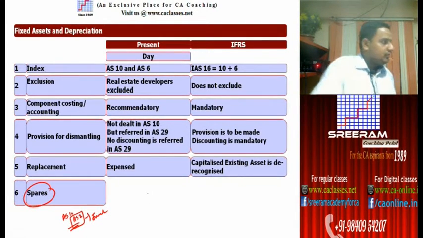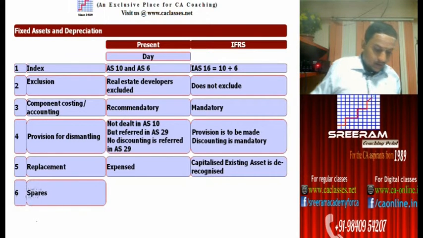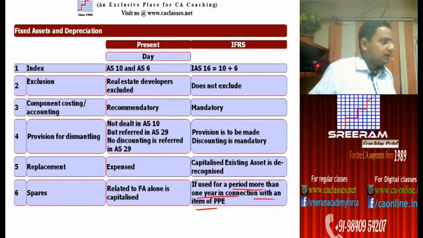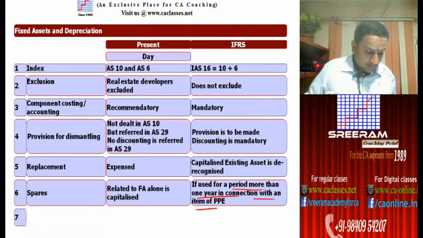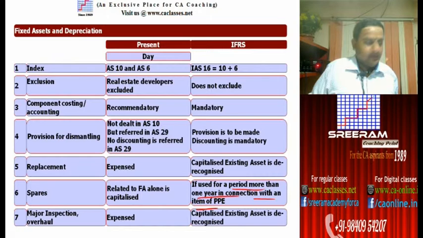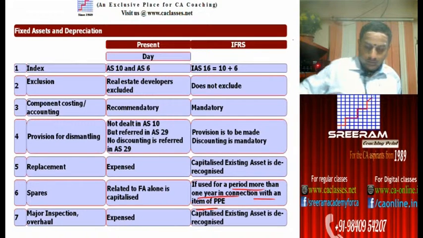As and when we consume, we charge it off to P&L. But here, if it is used for more than one period in connection with an item of property, plant and equipment, it should be capitalized. We need not worry about whether it is specific or not specific. Then major inspection and overhauling expenditure, here we need to capitalize. That is, the existing asset will be de-recognized, and the new asset will be capitalized.